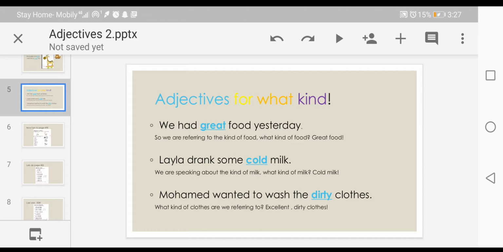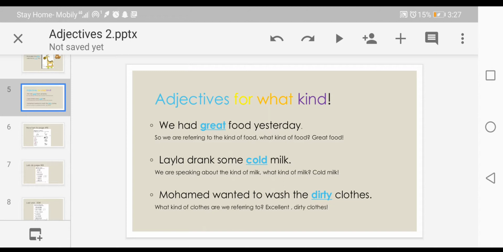Now, Layla drank some cold milk. Cold milk. Now this one is a little bit clear for you. When I say Layla drank some milk, but did she drink cold or hot milk?